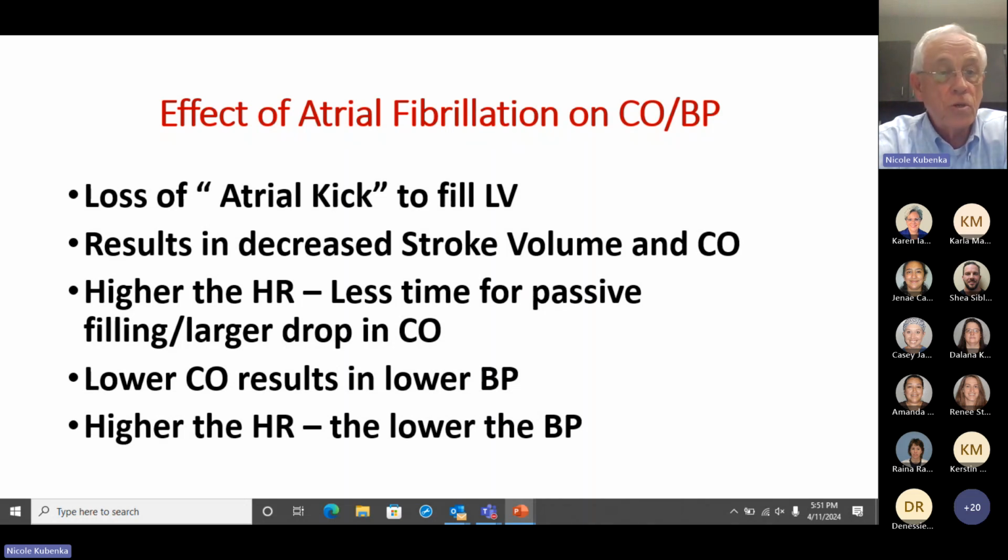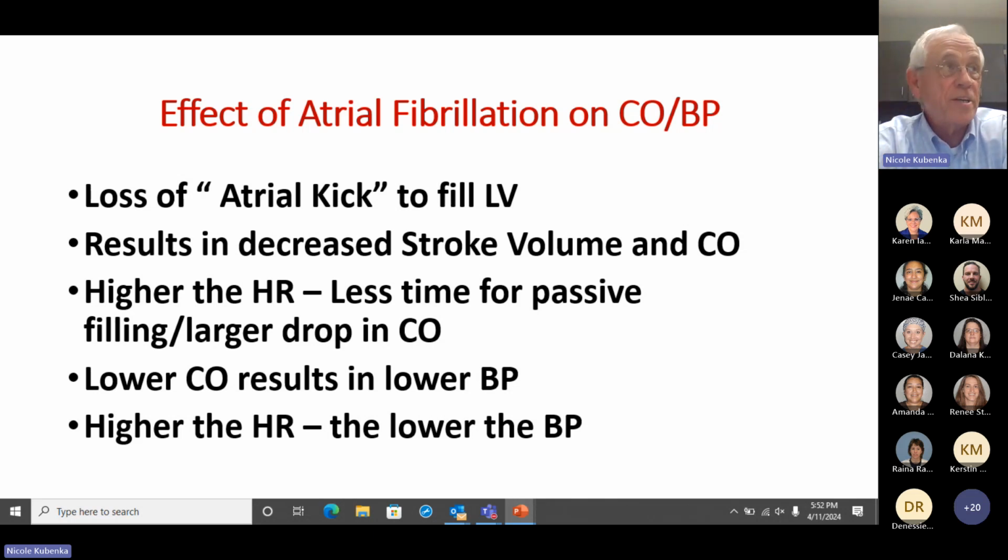So you're dependent totally on how much blood can flow into the ventricle all by itself without the push from the atrium. And if you've got a normal or a slow heart rate, that means there's plenty of time between beats to get as much blood as you can into the heart, right? So the longer the heart has to fill without the atrial kick, the more blood it's going to get.